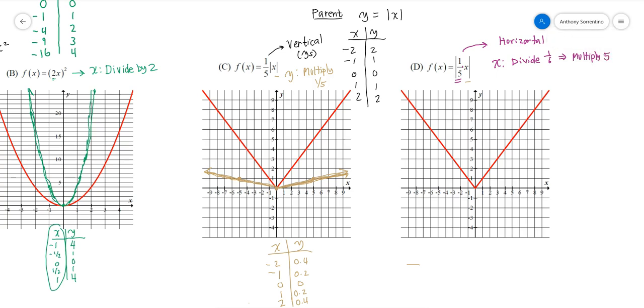So when I do my table, going back to the parent function, my y's are going to be left alone. So the 2, 1, 0, 1, and 2 are going to be the same. Each of the x's are going to be multiplied by 5. So that's going to be negative 10, negative 5, 0, 5, and 10. And I plot those points.